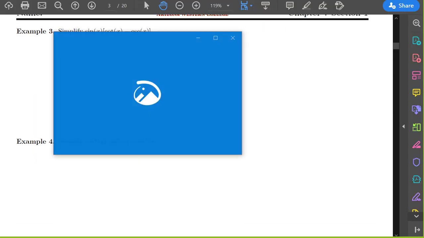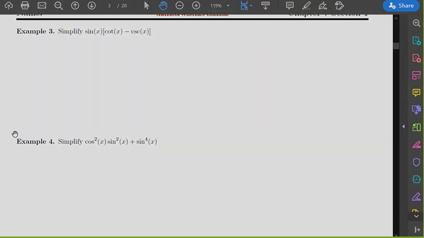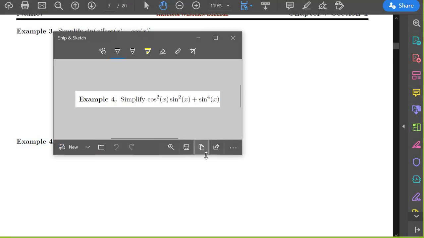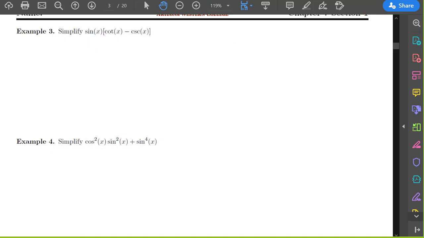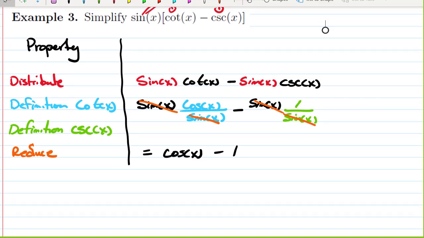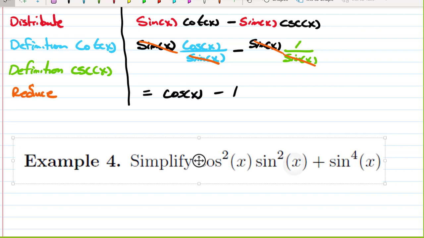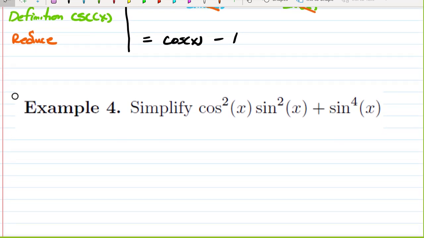So example 4 wants us to do the same thing. We want to simplify cosine squared x times sine squared x plus sine to the 4th of x.